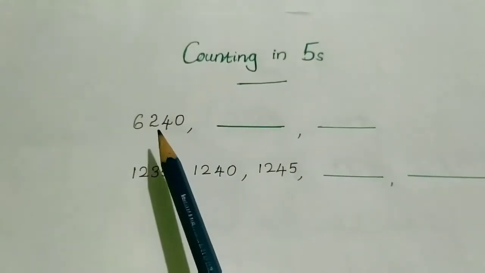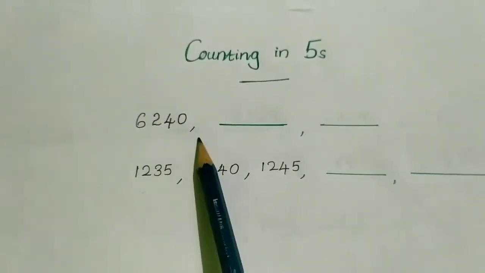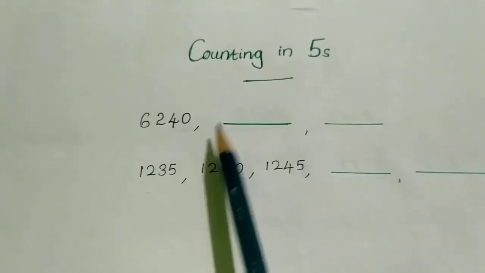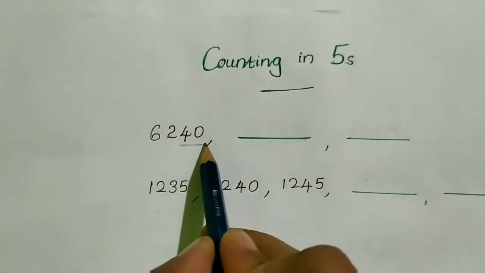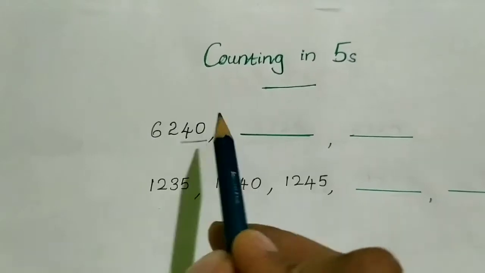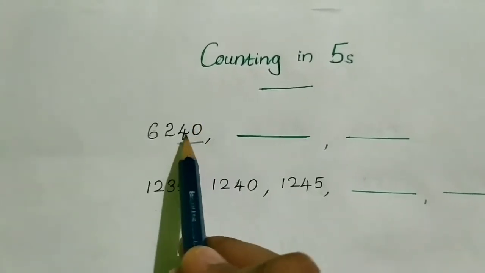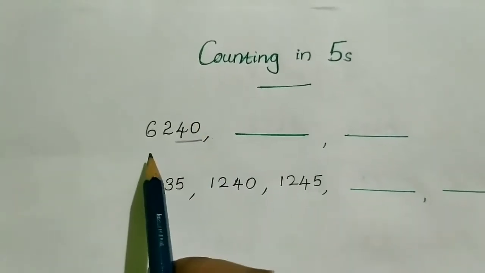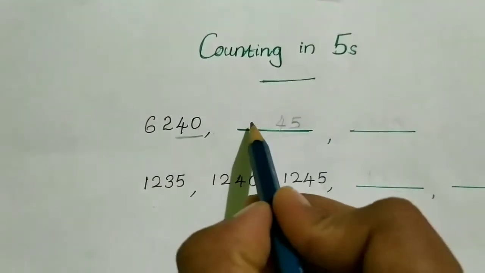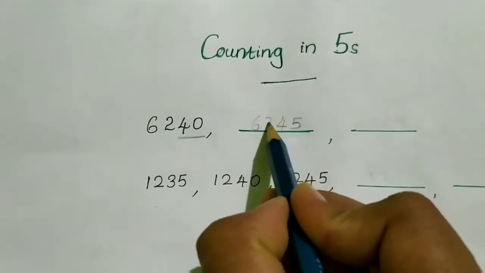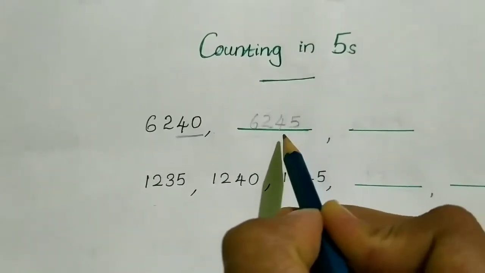Next, counting in fives. Here is a number 6240. We want to find the next two numbers. For that, consider the last two digits, that is 40. Then add 5 to this number. 40 plus 5, 45. The other two digits remain the same. So we will get 6245.